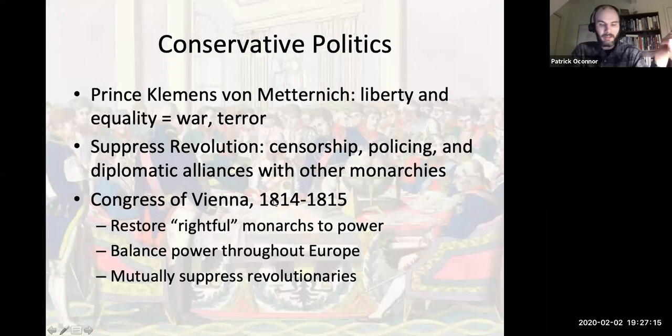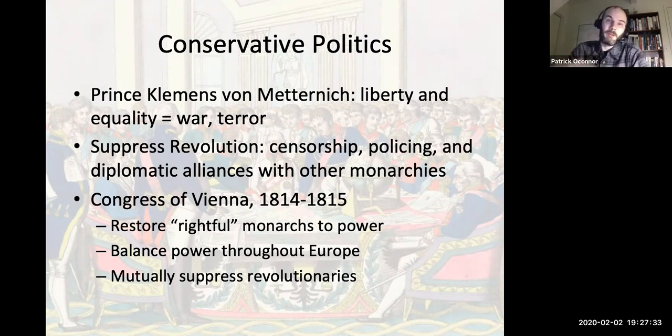Also central to the idea of the Congress is this idea of the balance of power, which I mentioned just a moment ago. Because all rulers are the rightful heirs to their throne, no single power should challenge another. They should protect each other. Okay, and that means help one another suppress revolutions, help one another stay in power.